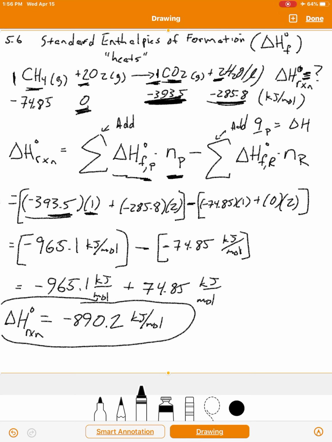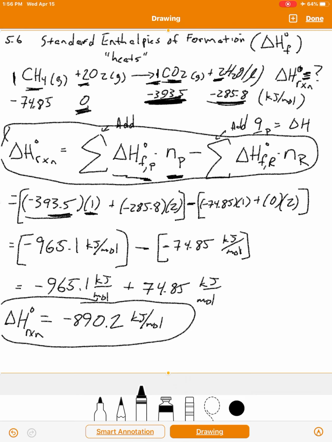Okay, so let's review that equation. The equation says that, when I say equation, I mean this one right here. When you have a reaction, you want to know what delta H for that reaction is. We call that the heat of reaction.